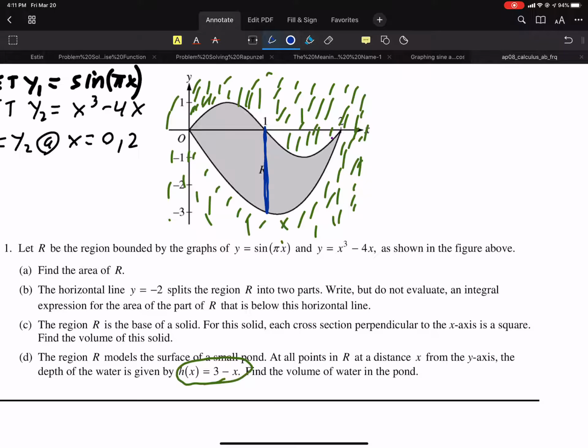So if you picture it going underneath, hopefully you can see that dotted line. That's underneath. At that point, the depth would be 2. Now if we picked a slice over here, since X is much smaller, at that point, the depth will be almost 3.